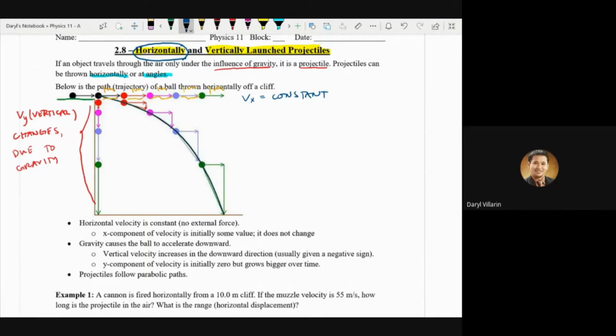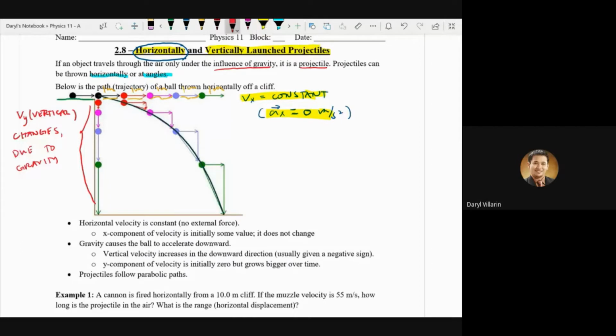So that means that Vx is constant. When we say constant, there's no change in the velocity, and that only means that the acceleration along x is equal to 0. Again, when you say v constant, automatically a is 0.